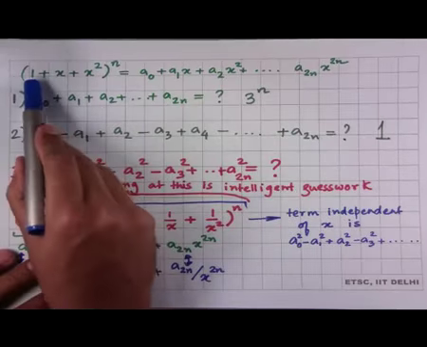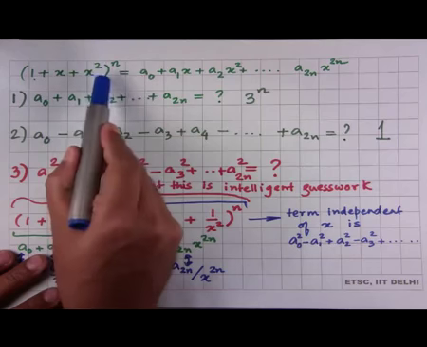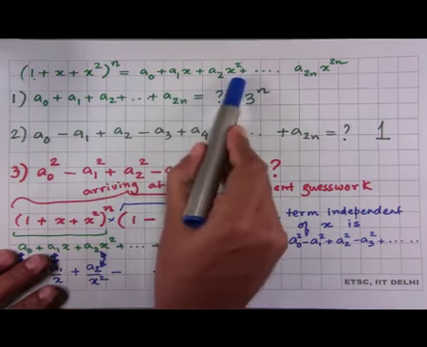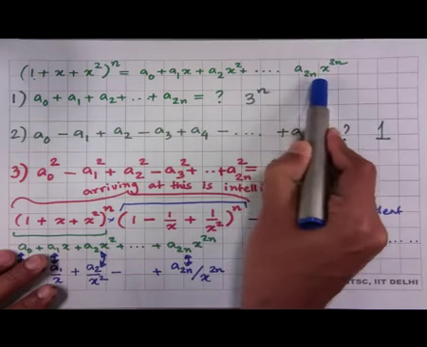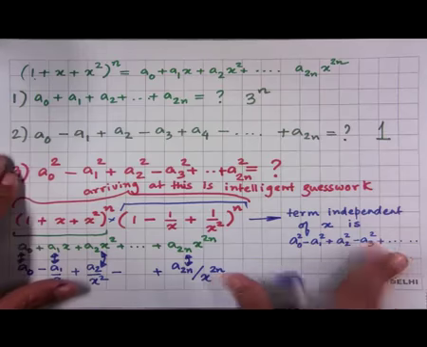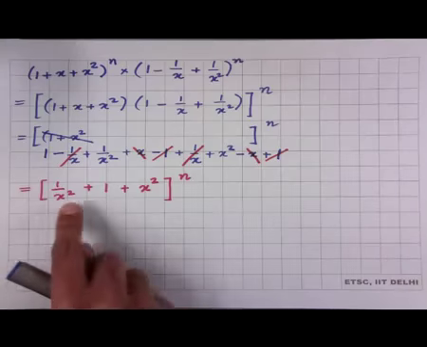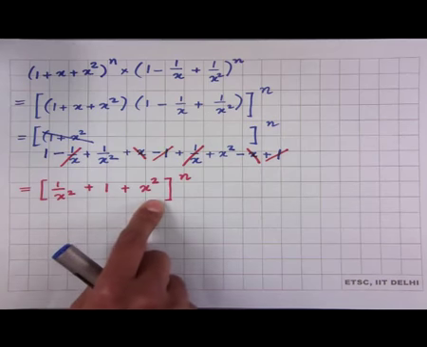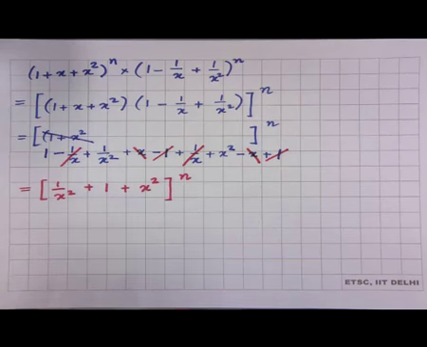Okay. Recollect the question, 1 plus x squared whole to the power n was given as a naught plus a 1 x plus a 2 x squared plus so on a 2 n x power 2 n. So, if this is what is given, what is going to be 1 by x squared plus 1 plus x squared whole power n.